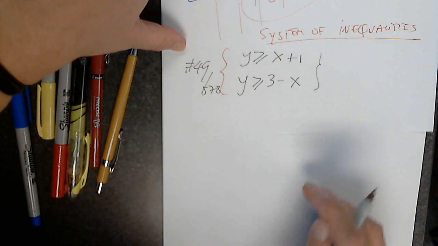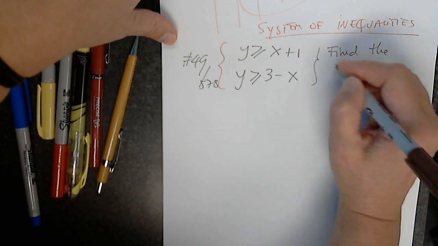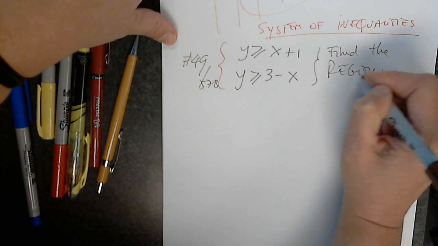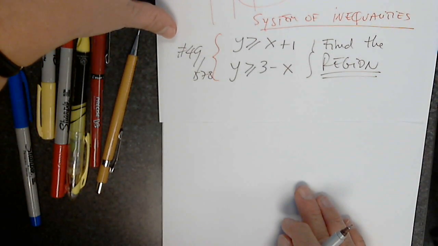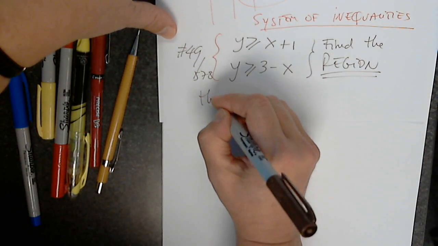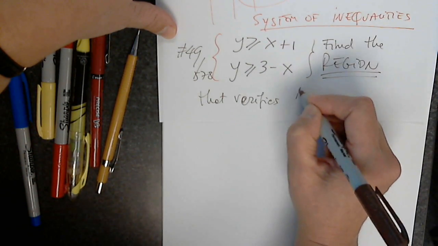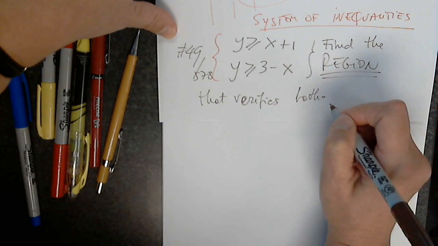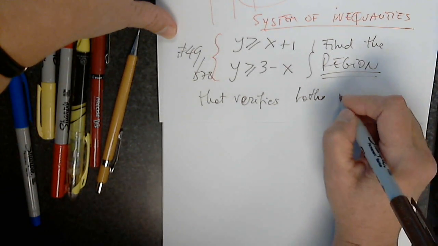So what is the idea now? Here I'm asked to find the region that verifies both inequalities now.